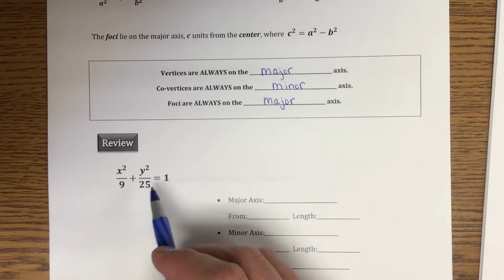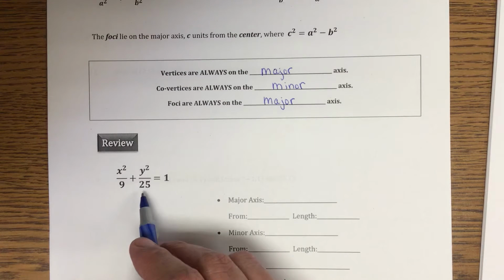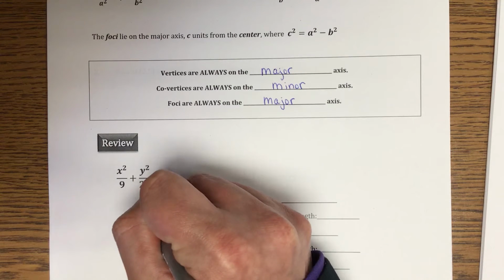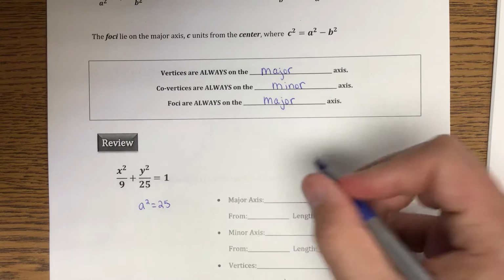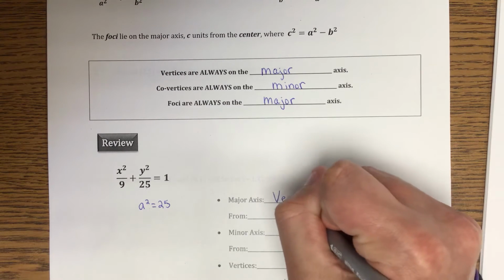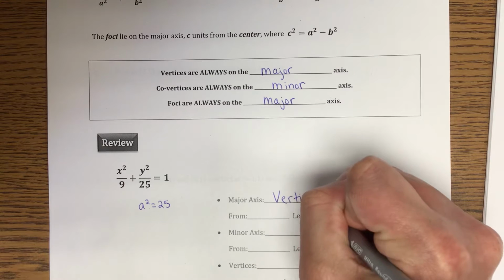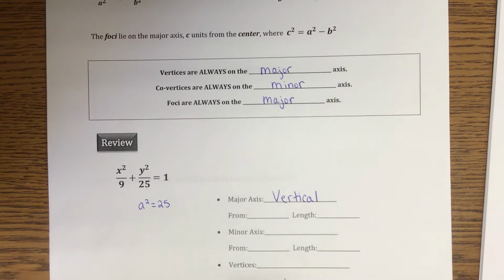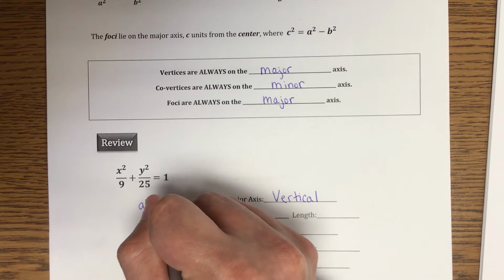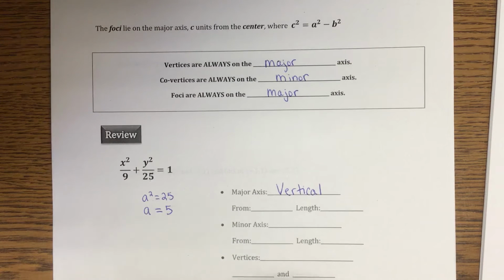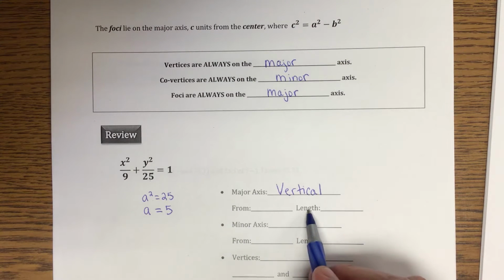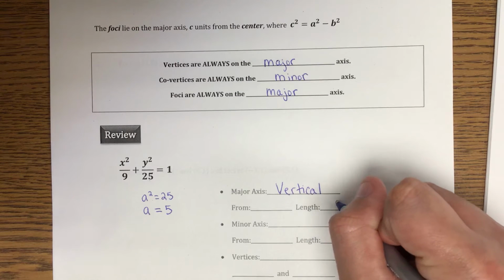So in this particular ellipse, we know that the a squared value is 25. And since it's associated with y, that would make our major axis vertical. Now, if a squared is 25, then a itself is 5, and so the length of the major axis is 10.